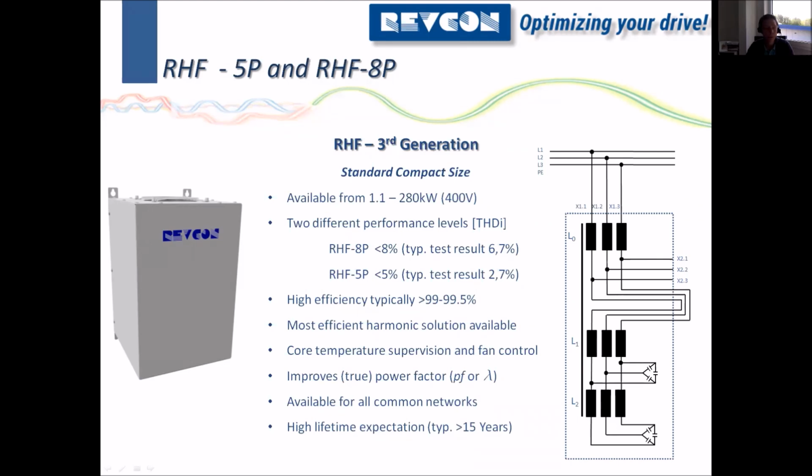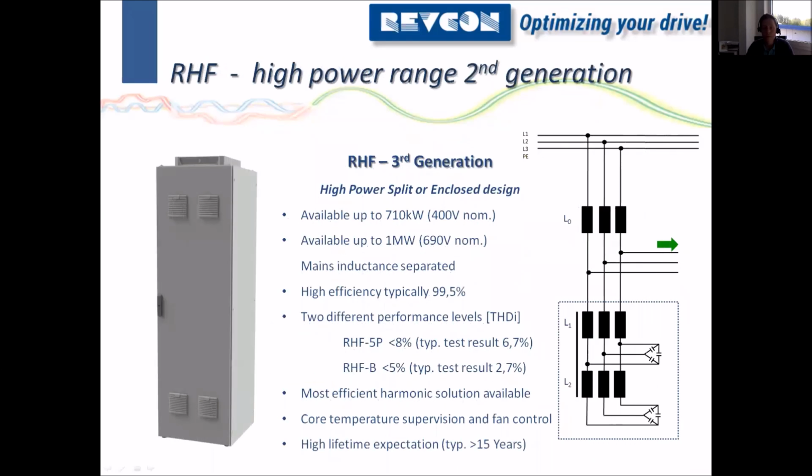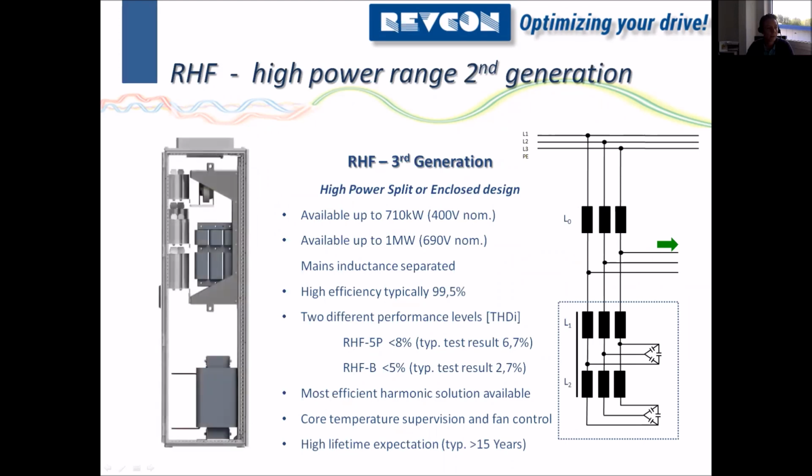So any combination below 1000 volt is available from us, 50 and 60 hertz typically. So a lot of benefits in this technology. I will explain later in a little more detail. We have the same design, the third generation, as a high power design, where we separate the mains inductance from the filter circuits.